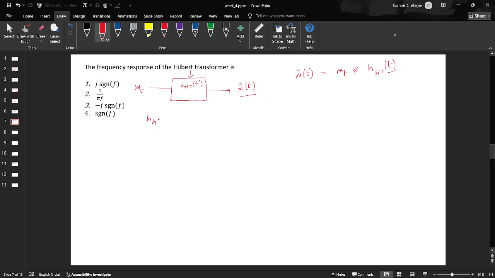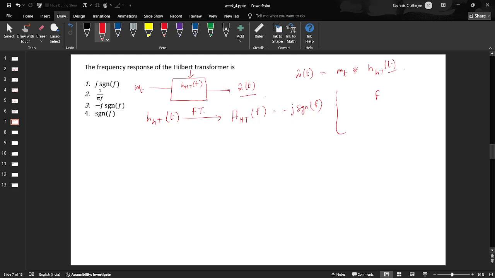Now let me give the answer immediately, but the discussion doesn't quite end here. So this impulse response, if I take the frequency spectrum or Fourier transform, we denote it as capital H_HT(f), and is given as a very unique expression: minus j sgn(f). So that can actually take three values based on the different regimes.